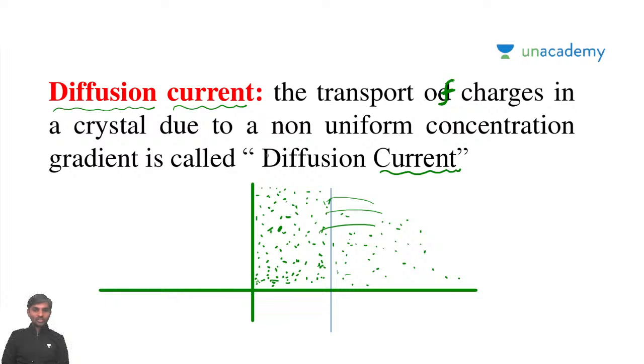This is the transportation of charge carriers without any external influence, just because of a non-uniform concentration gradient: the charge carriers are high in the region to the left of the screen and very few to the right. Slowly they move from high concentration to low concentration, as generally happens in your classroom, and that is called diffusion current.